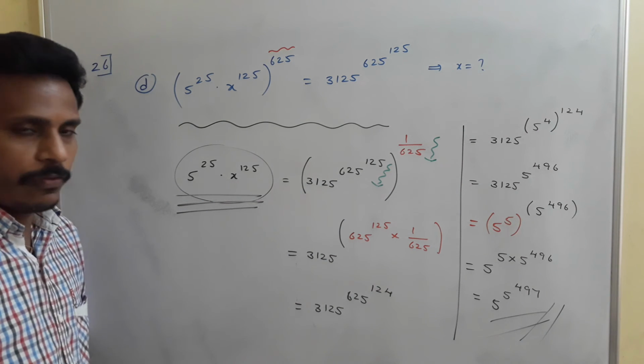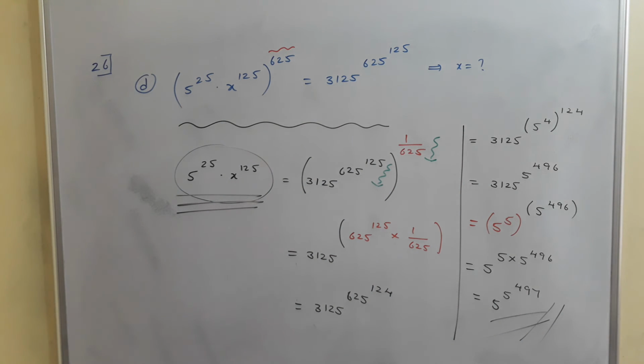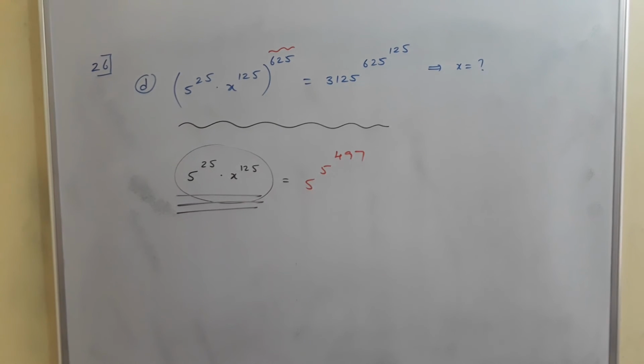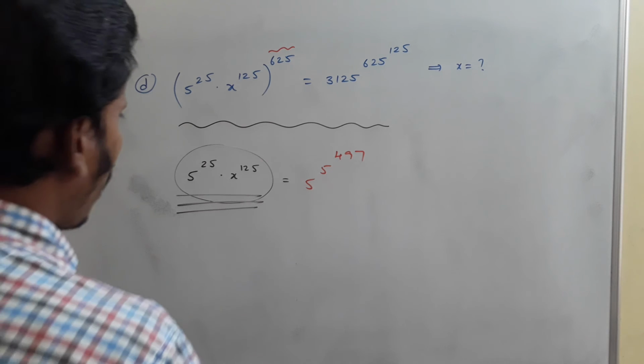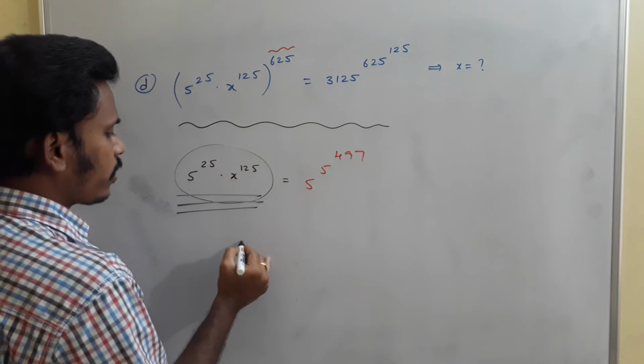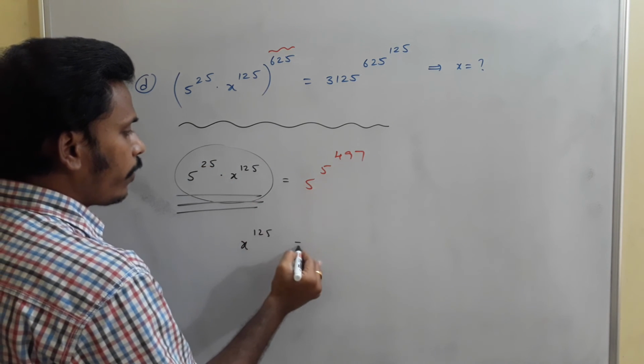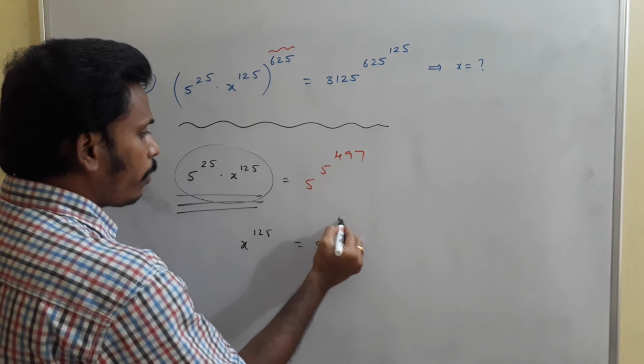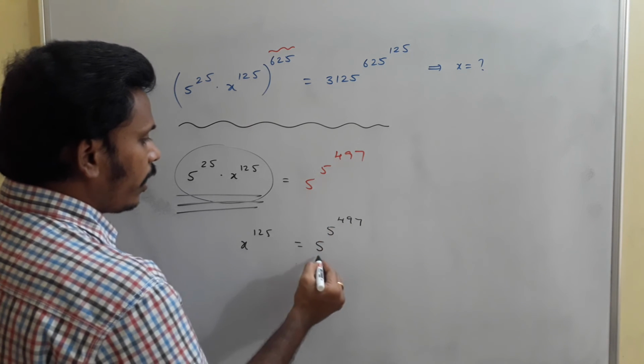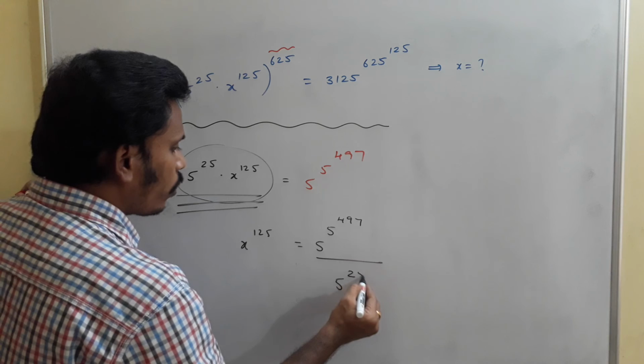From there we need to simplify. Just observe this. So this problem is a bit different, as I said. Now you just send this 5 power 25 to the other side. So x power 125 is equal to 5 power 497 divided by 5 power 25.